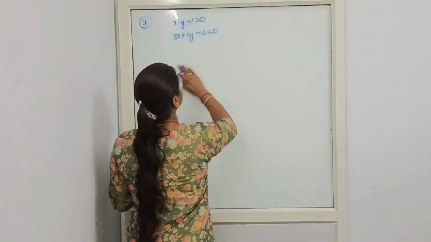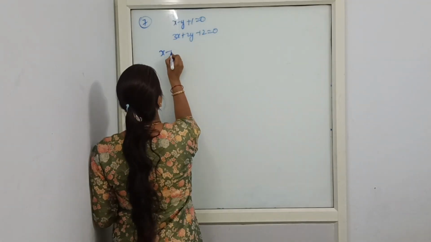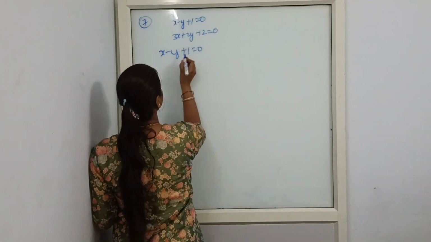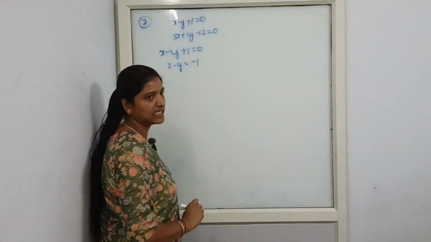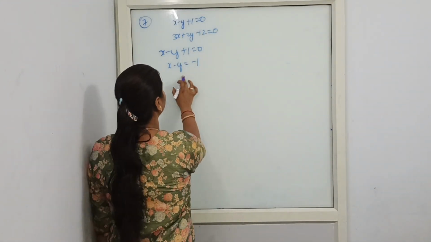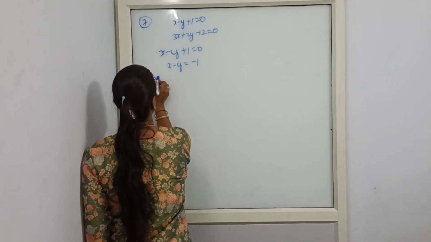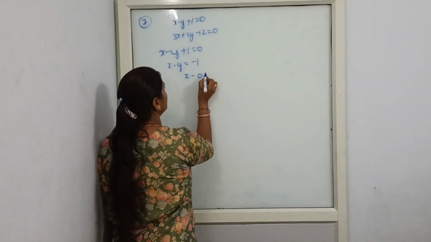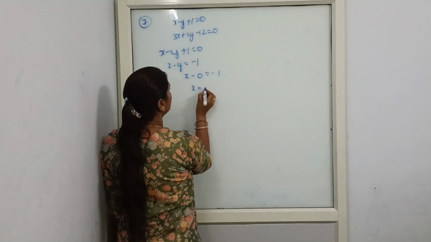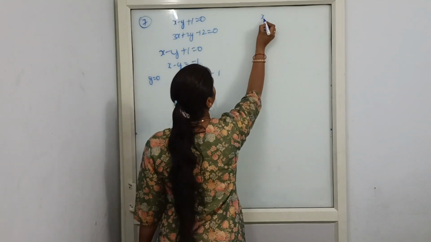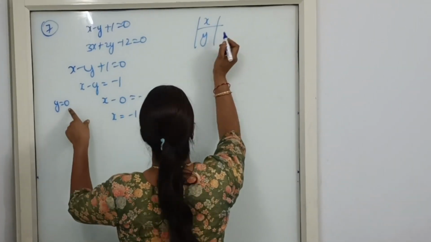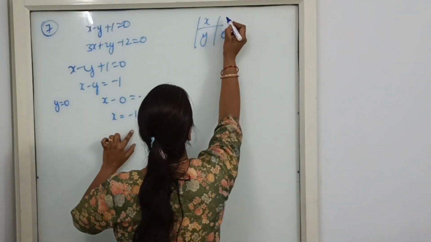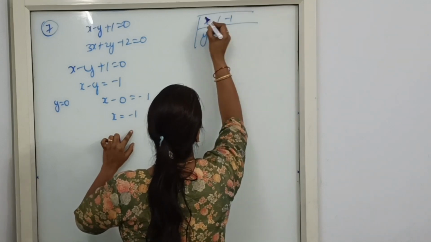Let us find its solution first. x minus y plus 1 is equal to 0. Transpose 1 to that side, so minus 1. So here the negative term we can cancel, y is equal to 0. x minus 0 is equal to minus 1. x value is minus 1. So firstly, if y is 0, x is minus 1.